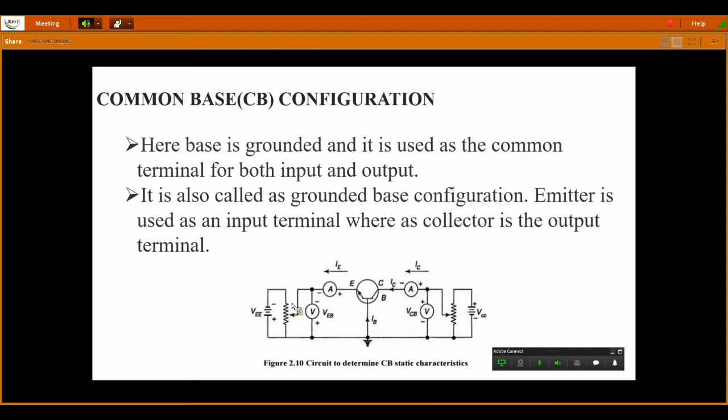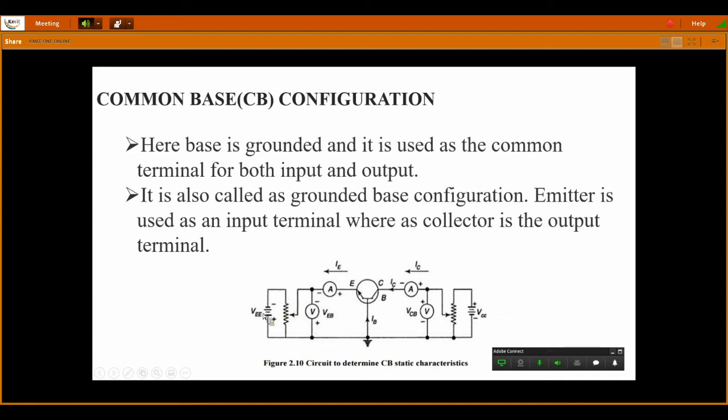Due to supply fluctuations, if you have abrupt voltages, that can damage your device. Hence, in order to avoid that situation, we connected one pot or one series resistance at the input side.